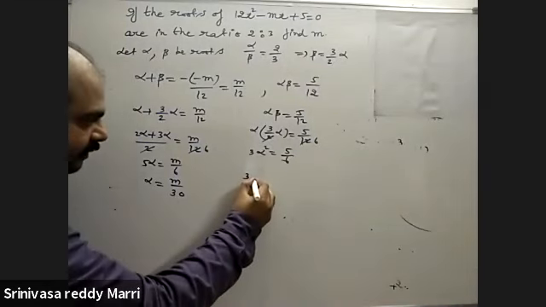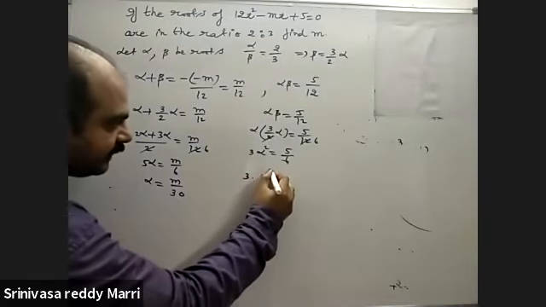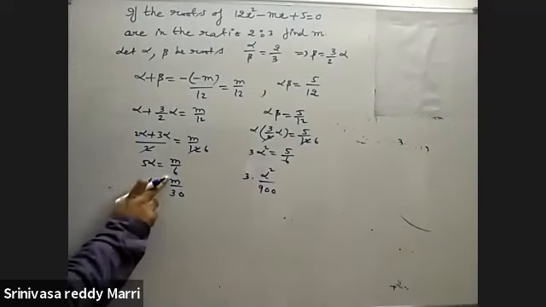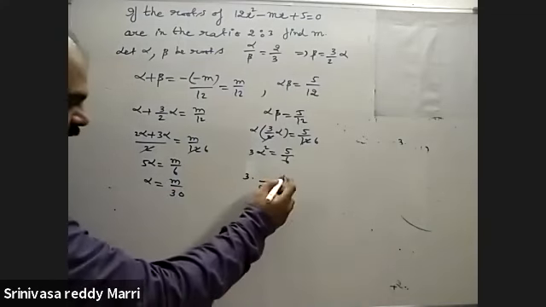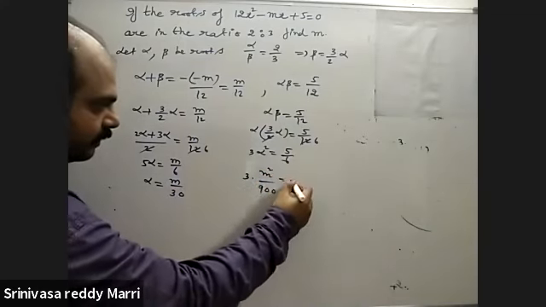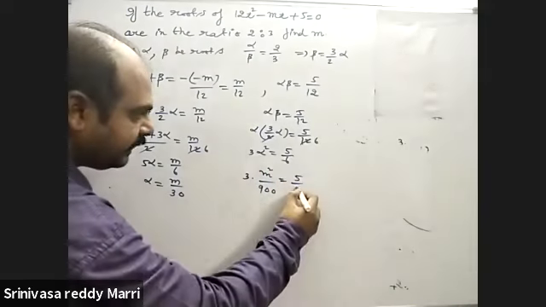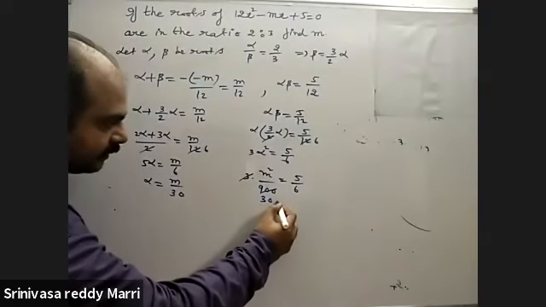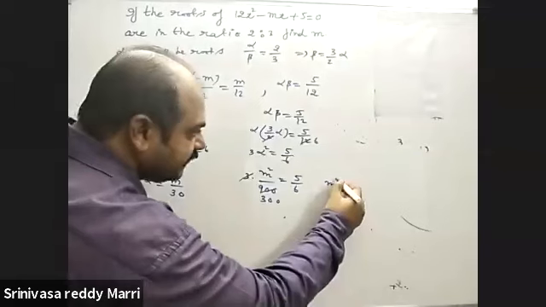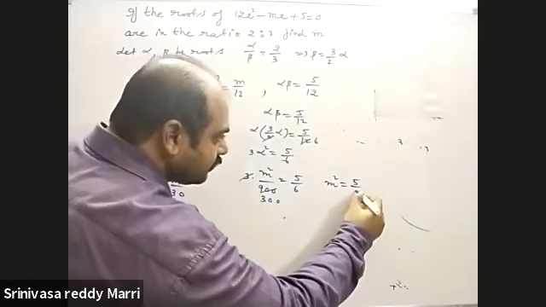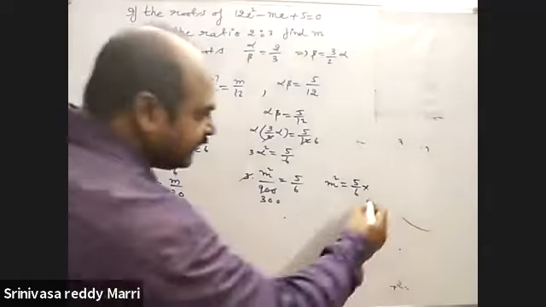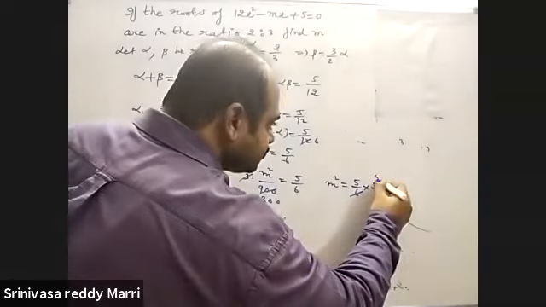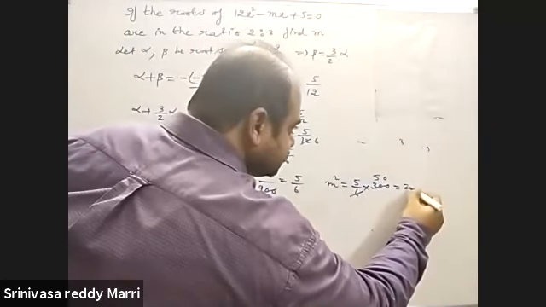Alpha square is m square divided by 30 square, which is 900. 5 sixes, now this is 300. So m square equals 5 by 6 into 300, so this is 250.